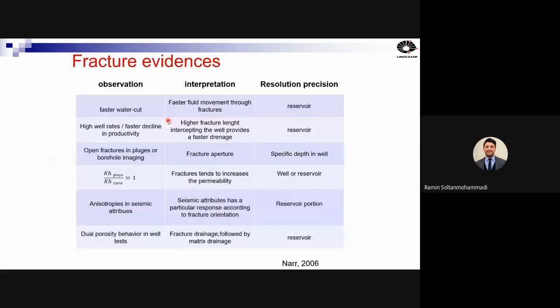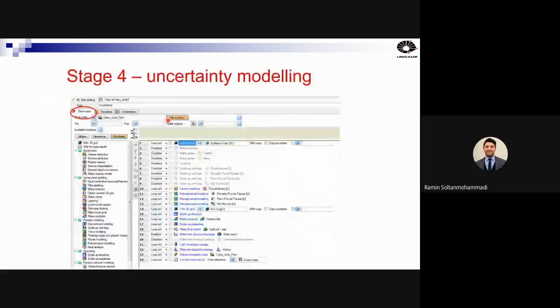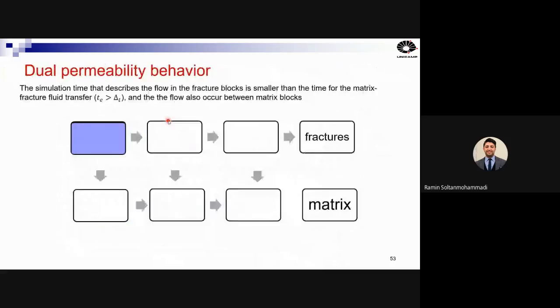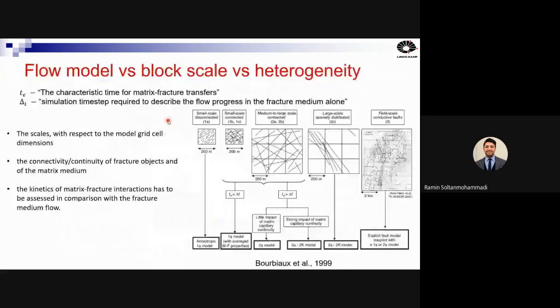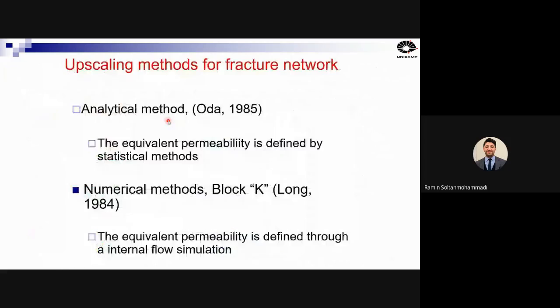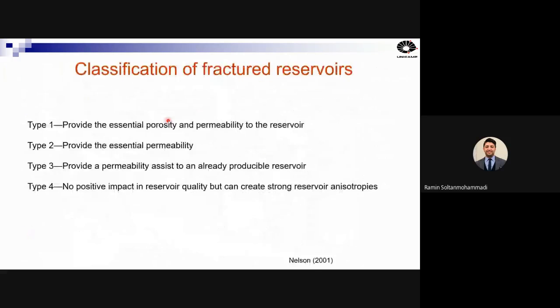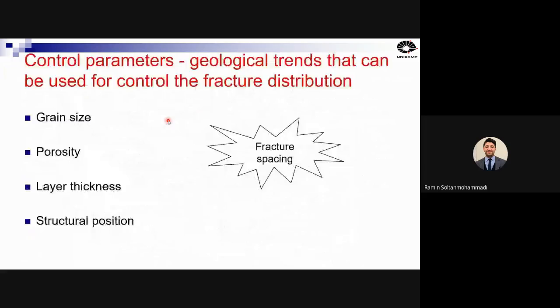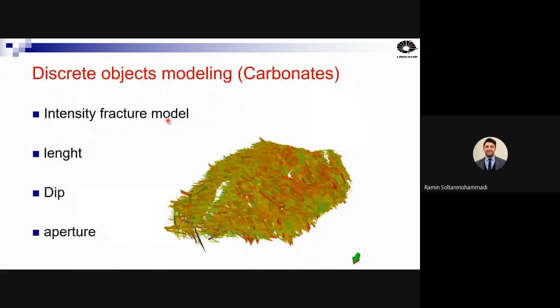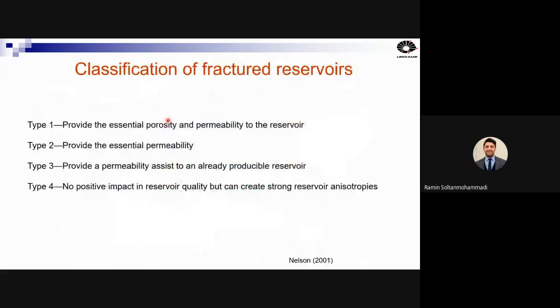So I want to know, is there any better method in order to increase the reliability of the model? Probably this dual porosity model is not so accurate.